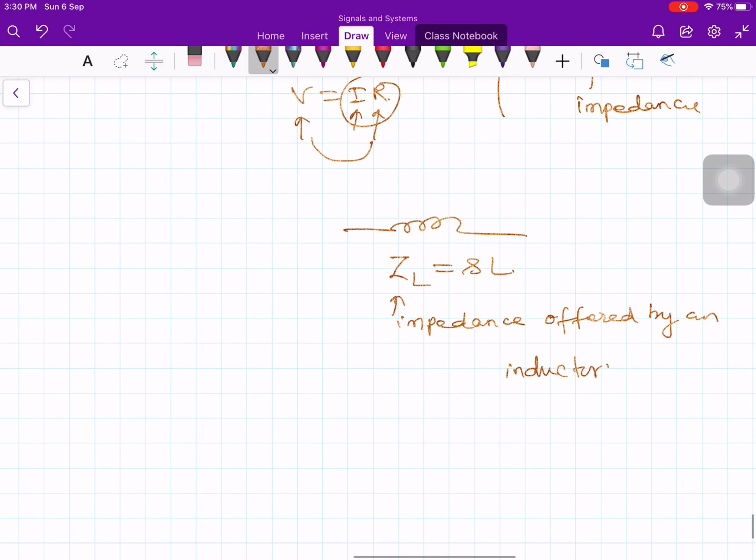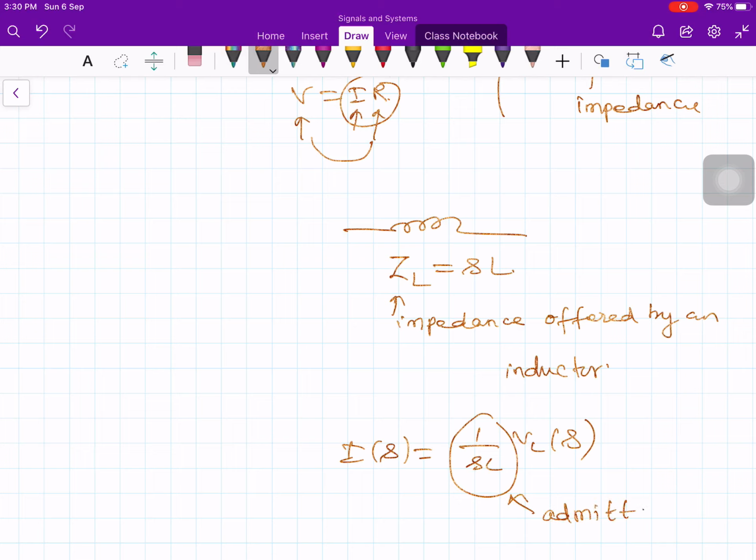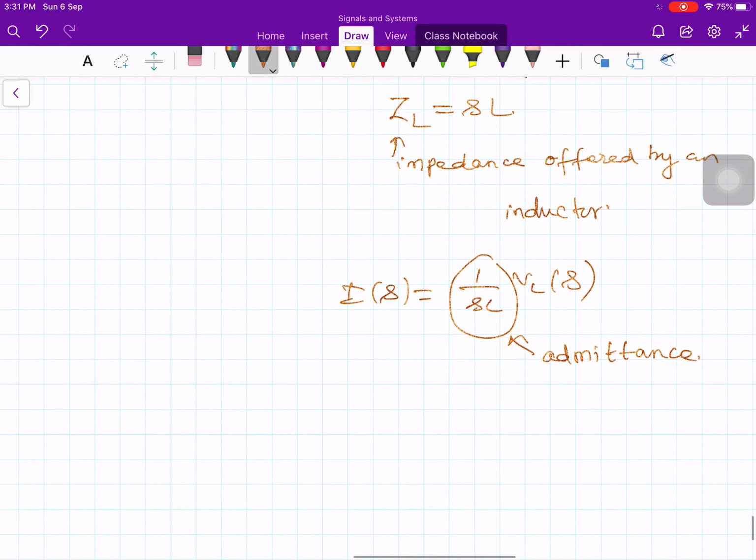Similarly, what is your I of S? I of S is equal to 1 over SL times VL of S. So this 1 by SL can be thought of as a generalized admittance. Okay, because admittance times voltage is the current.